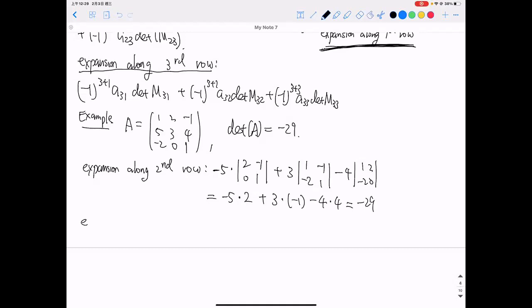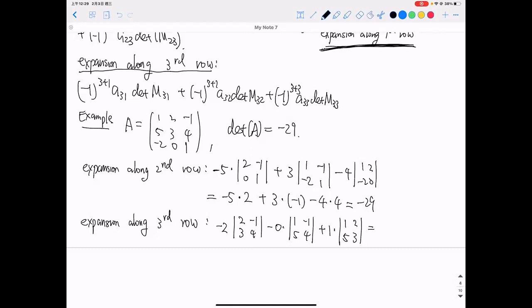Okay, the expansion along the third row can also be calculated. Now this time there's no sign in the beginning term. Minus 2 times the determinant of 2, 3, minus 1, 4, minus 0. And whatever this is doesn't matter, but for the sake of completeness, let's write it down, like plus 1 times the determinant of 1, 5, 2, 3.